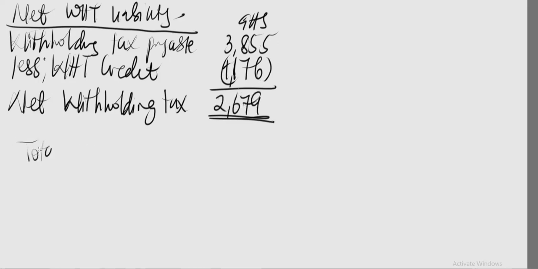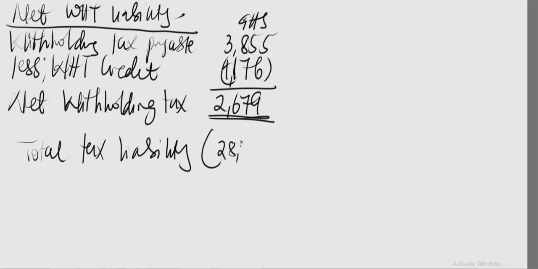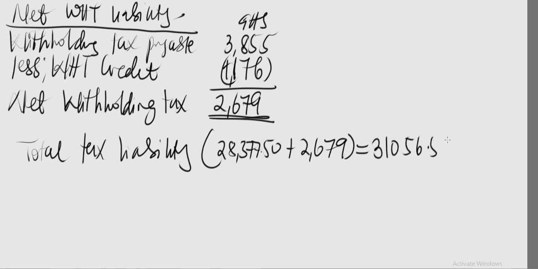So we can get our total tax liability, which is the sum of 28,377.5 plus 2,679. That gives us 31,056.5. It's our total tax liability.